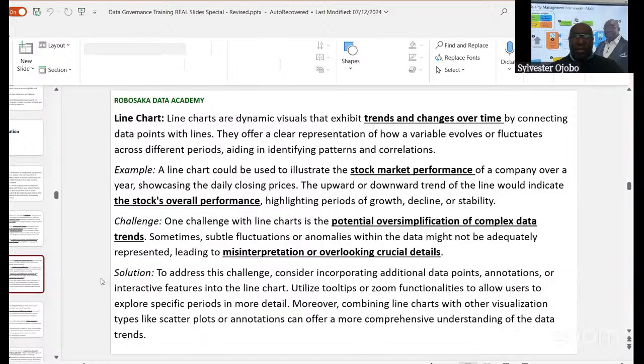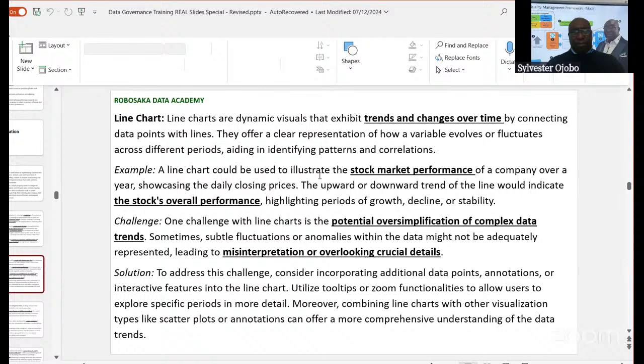Drawing the lines offers a very clear representation of how a variable evolves or fluctuates across different periods, aiding in identifying patterns and correlations with respect to what you are measuring. So, having a benchmark is possible.